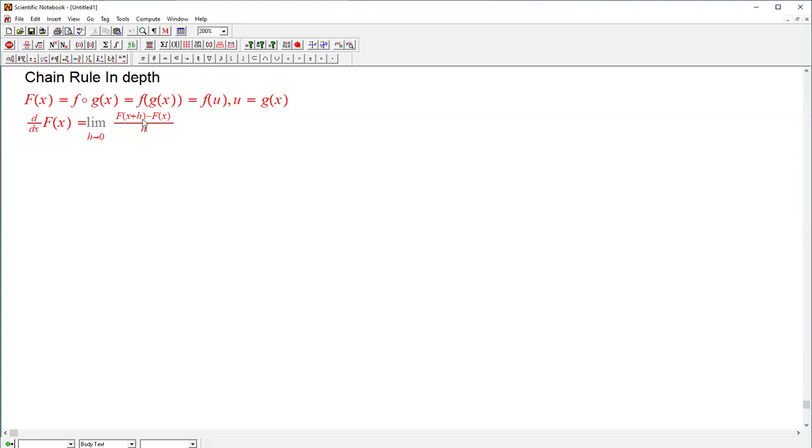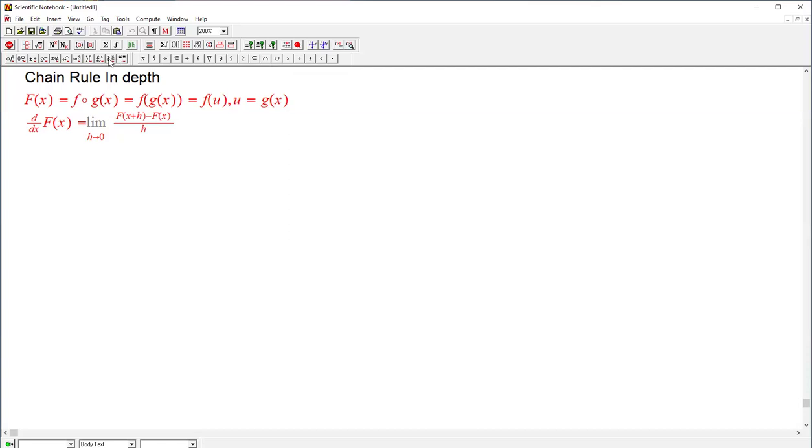Because capital F is a composition of f and g, here we're going to introduce some new notation. We're replacing h with something we call delta x, read as delta x.